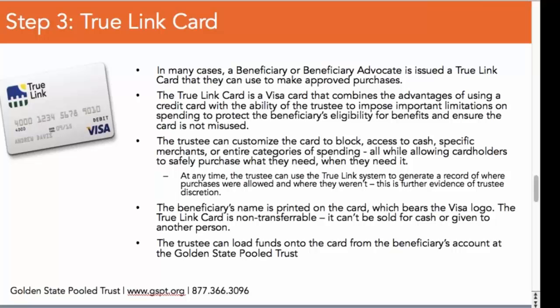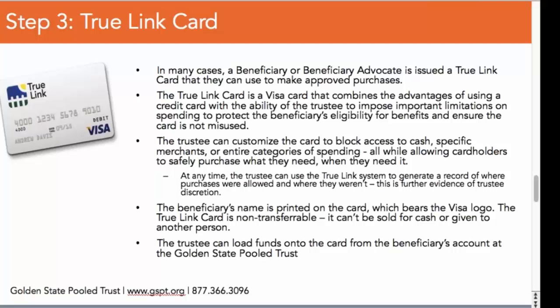So the trustee can customize the card to block specific merchants or access to cash or entire categories of spending, all while allowing cardholders to safely purchase what they need when they need it. So there's also a way to generate a record of where purchases were allowed and purchases weren't, and that's about evidence of discretion.